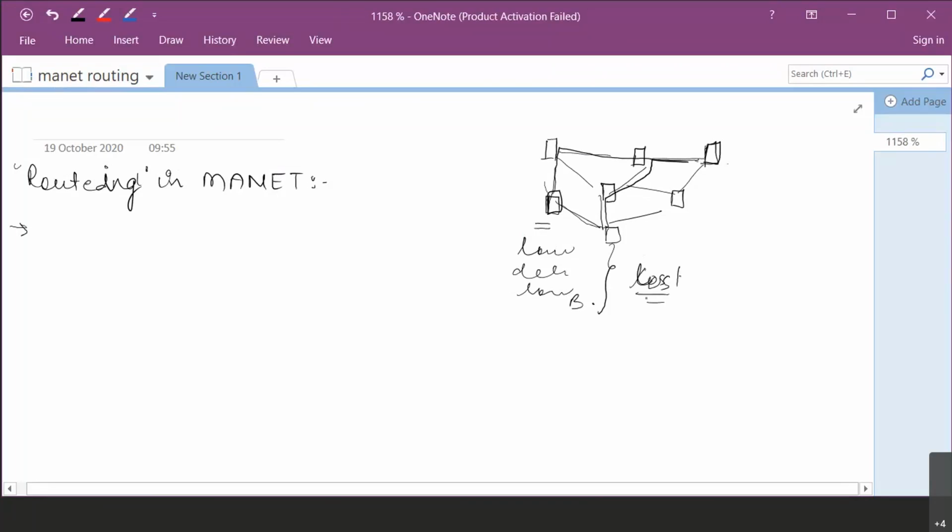In order to transmit the packet, that path we have to choose. So multiple paths are possible from source to destination.